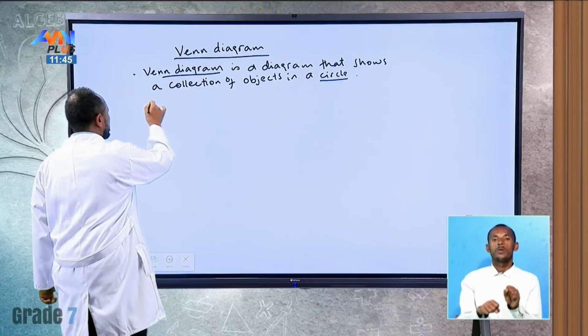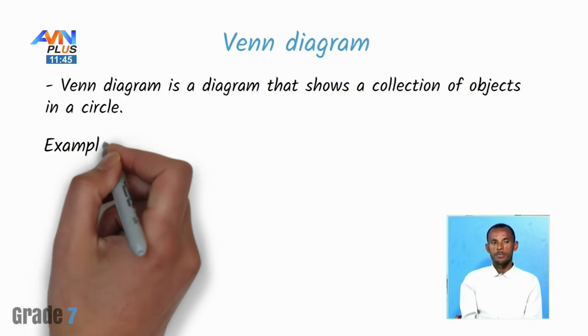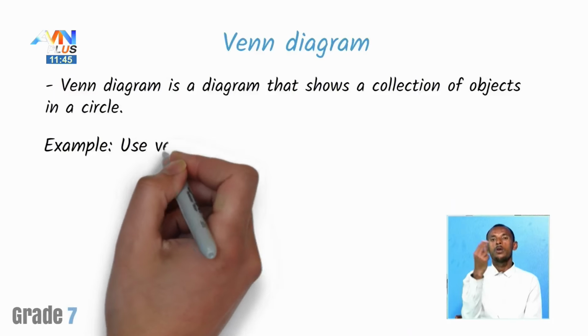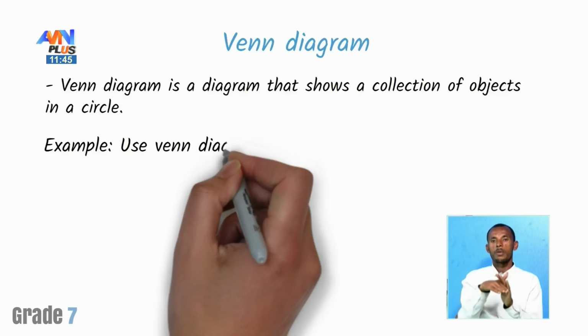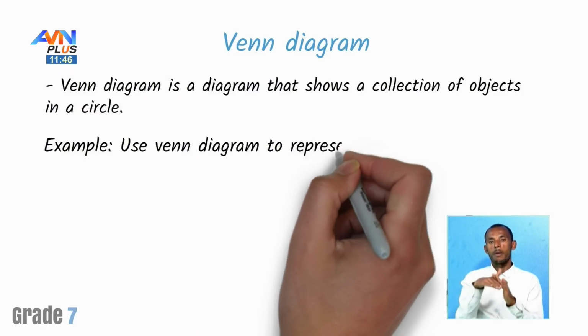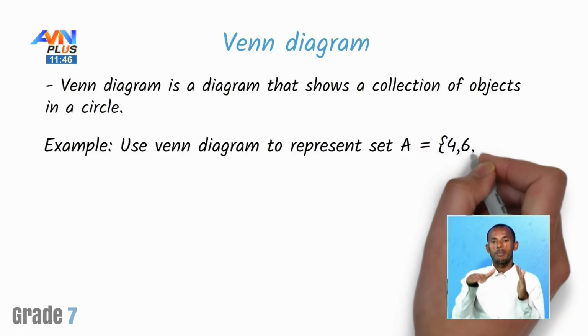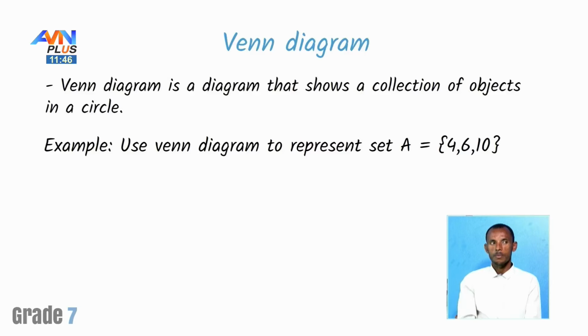So let's see an example for this one. Use Venn diagram to represent set A, which contains the elements 4, 6, and 10.